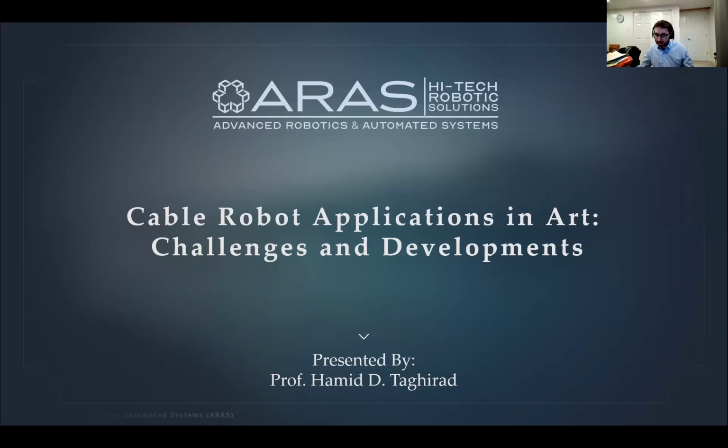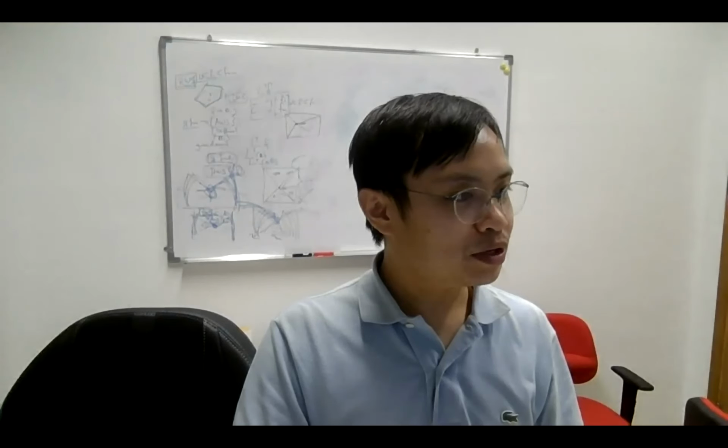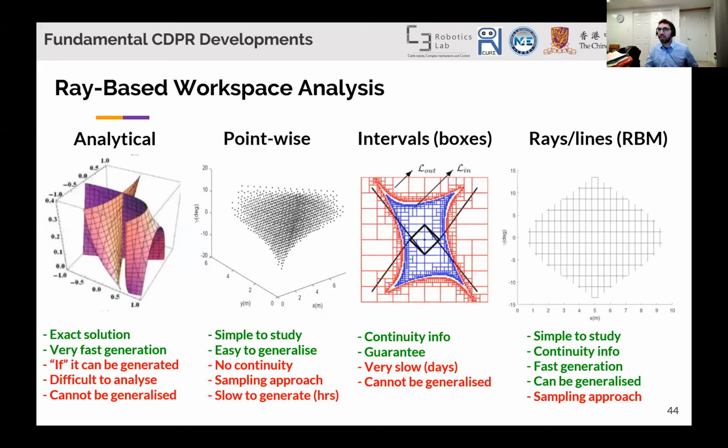Maybe Darwin, can you go back to the comparison between the workspace tracing methods? Yep. Is it too far or? No, it's right here. Yeah. Is it this slide? Let's see. Is it this slide? Yes.